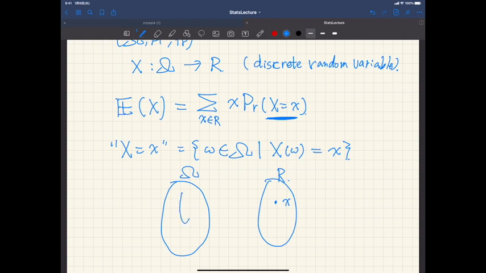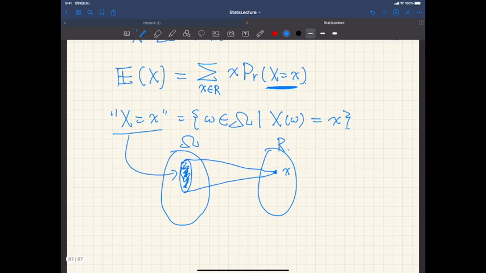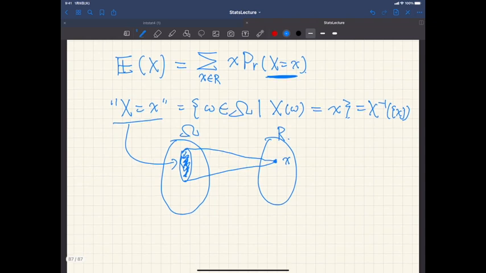A certain subset of omega is mapped into this value. All points within this subset are mapped into this single point x. So this subset is denoted by this notation, which we often write as the inverse image of x.